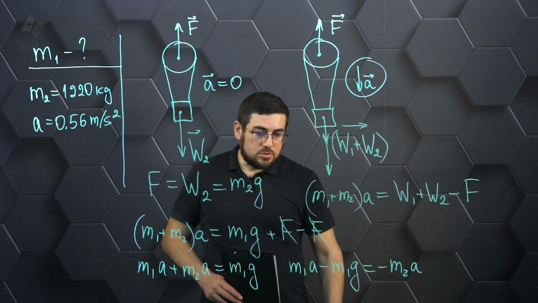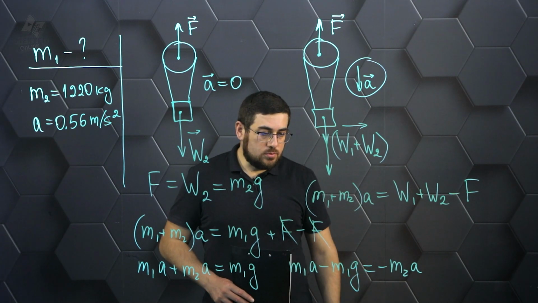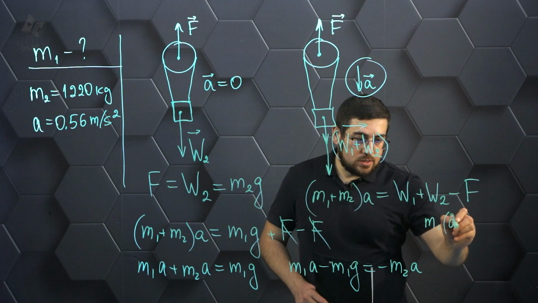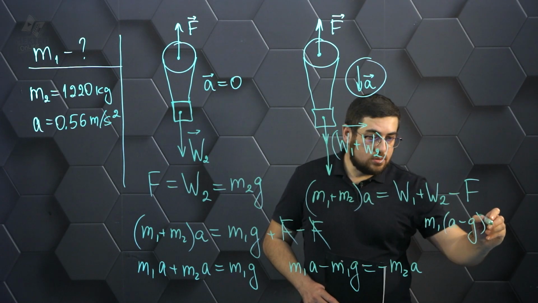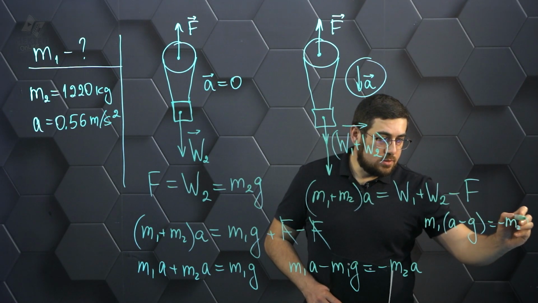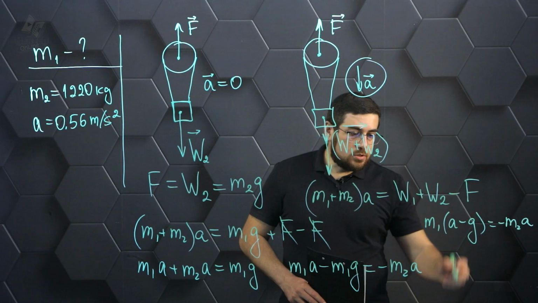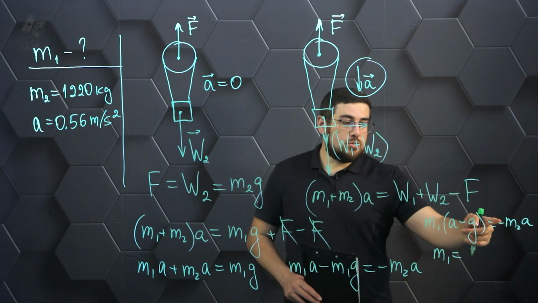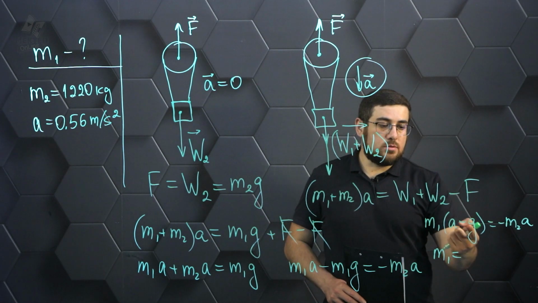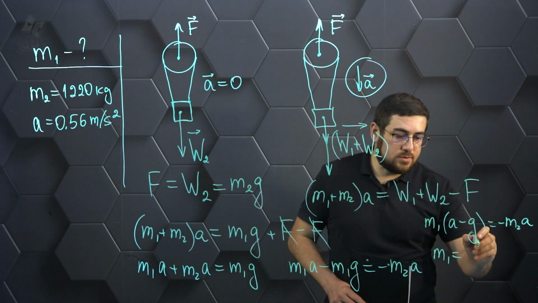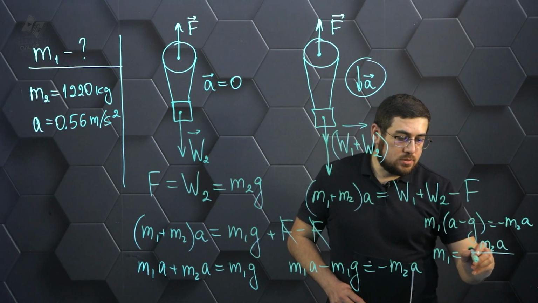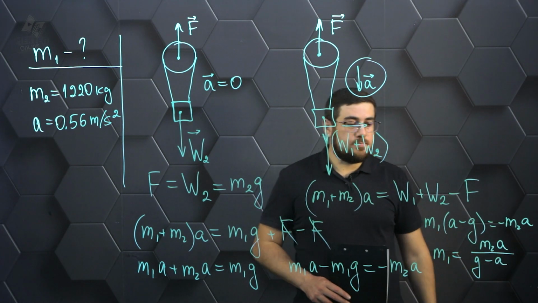Here we can take m1 out of the bracket and then we get m1 times (a minus g) equals minus m2a. And then we write down the final formula, and here the minus sign, we immediately multiply the whole equation by minus 1, and in the parentheses we have the two expressions swapped. It turns out then m1 equals m2a divided by (g minus a).